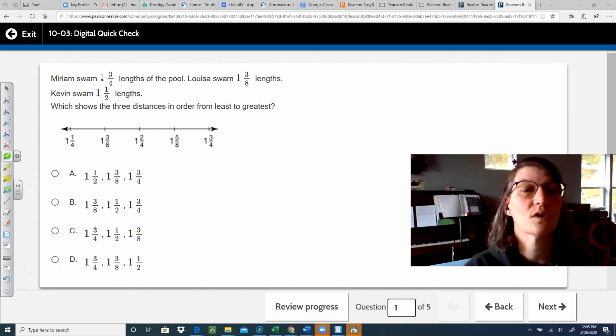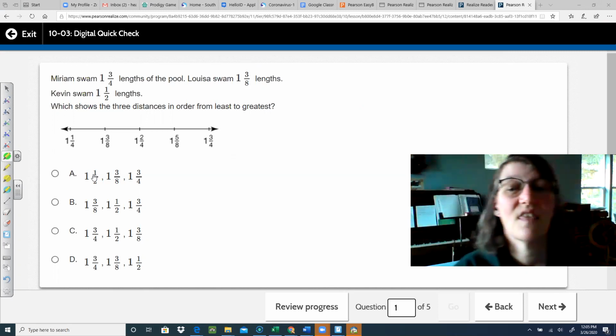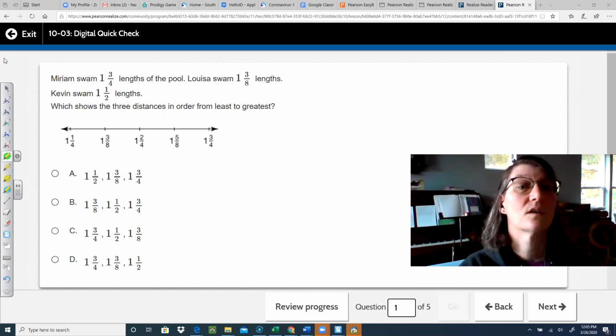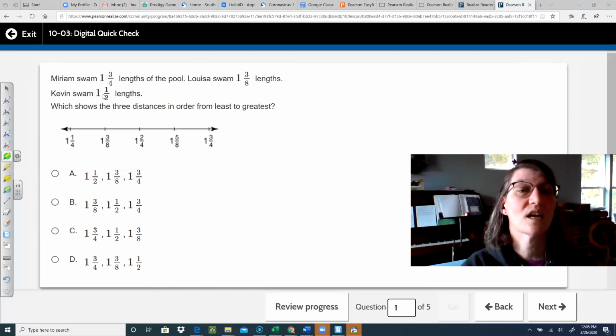Okay, 1 3/4. I want you to notice that's right here. 1 3/8. That is right here. Now they were naughty. They put an equivalent fraction for 1.5. So they are hoping you will make the connection that a half is equivalent to 2/4.